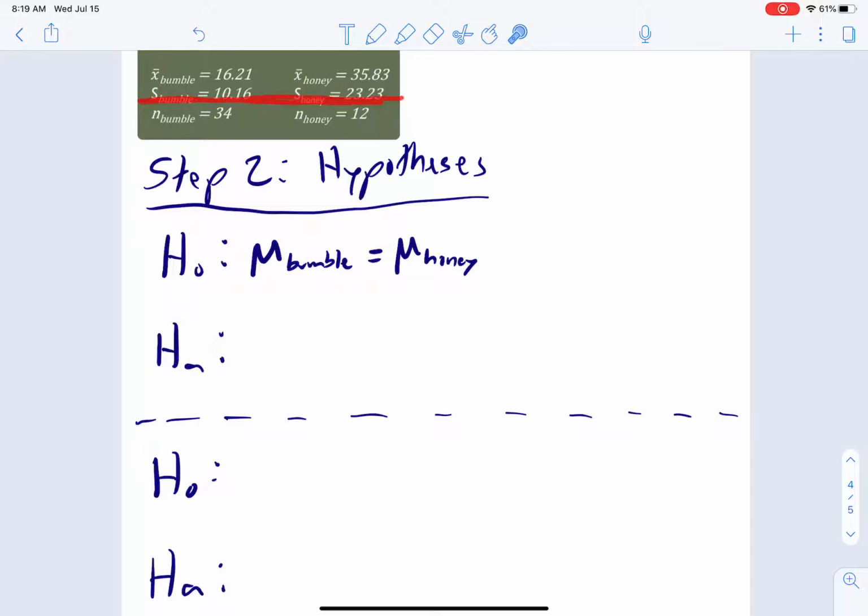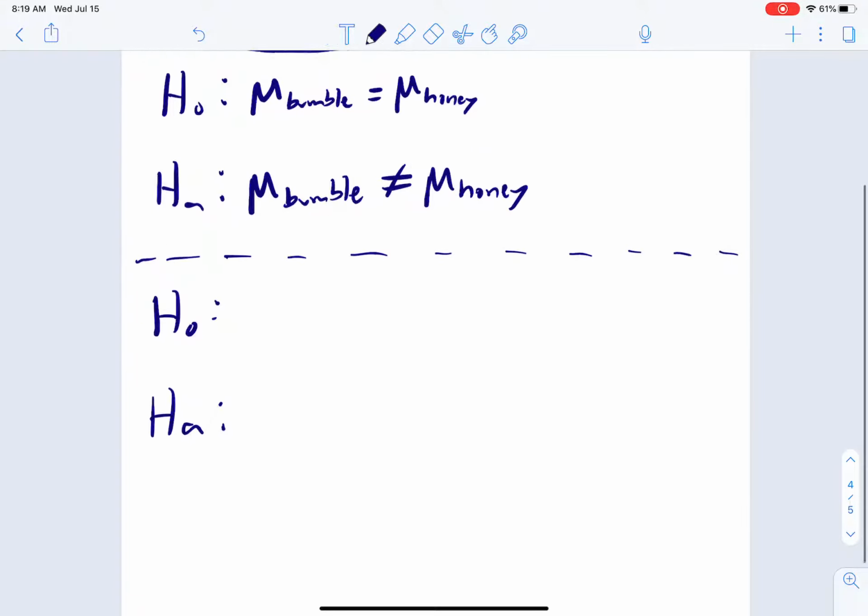Do we have enough evidence to suggest that this difference is actually true? So then the alternative is what I just said, that the mean time spent for the population of bumblebees is not equal to the time spent for honeybees. We're not saying anything about direction. We're just saying, is it different? And then we go out and collect data to support it. So that's one way of writing it.